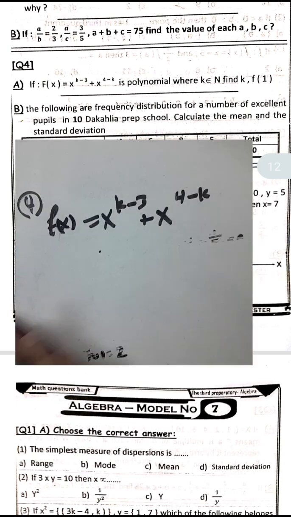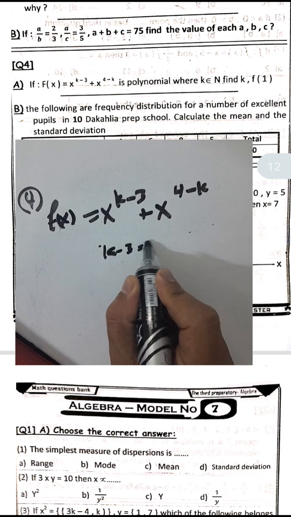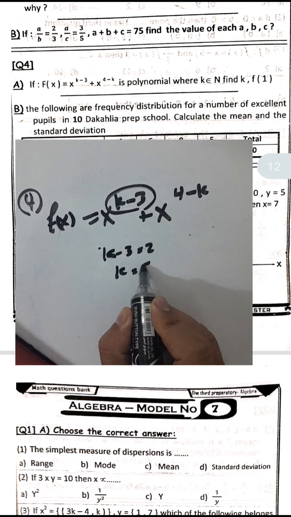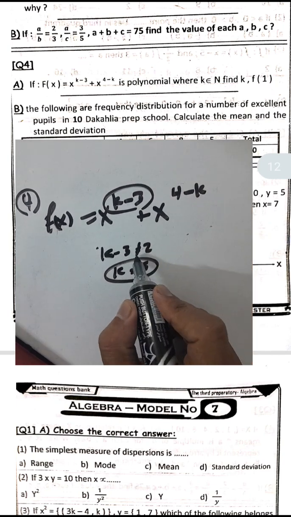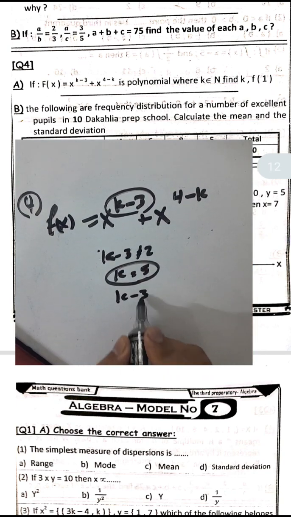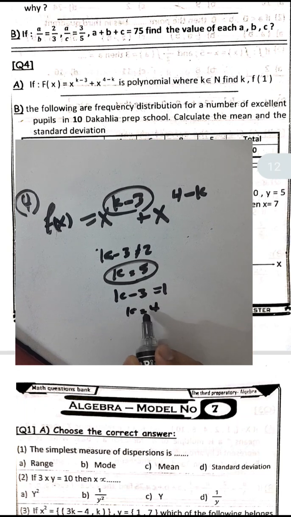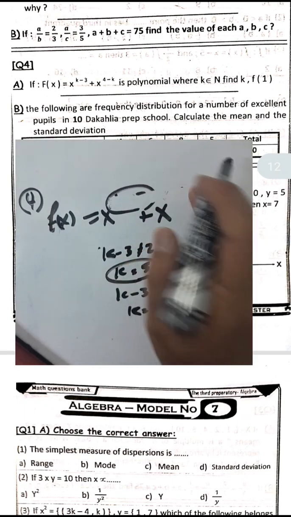Again, if we put this power equal 2, k minus 3 equals 2, then k will be 5. Put k as 5, 4 minus 5 will be negative. So k minus 3 will not be 2, but k minus 3 will be equal 1. Then k will be 4. Put 4: 4 minus 3 will be 1, and 4 minus 4 is 0.